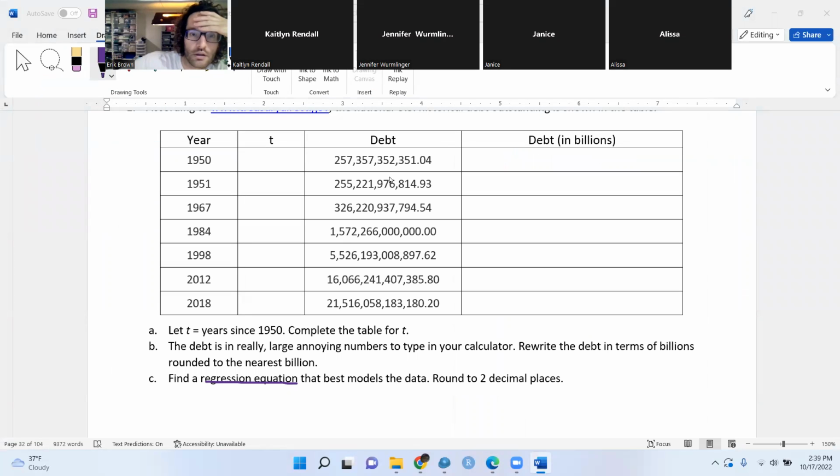This first one, these numbers are ridiculous, right? They're huge numbers. That's why I said, let's write these in billions. So we're going to round them all. And that's what B says. We're going to rewrite the debt in terms of billions. I'll do the first one. This is the billion number. So we'd rewrite this as 257.